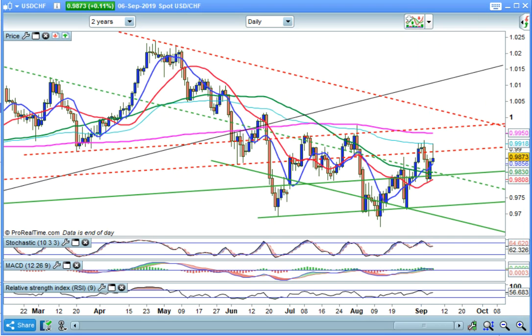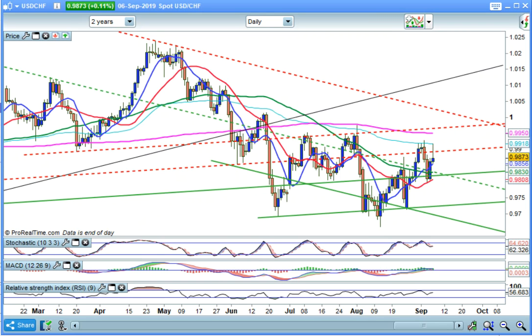Now, with dollar Swiss, it's looking different to dollar yen. Yes, it still wants to go lower, and if there's chaos in the world, gold and Swiss is where people will run to. You know, they will.